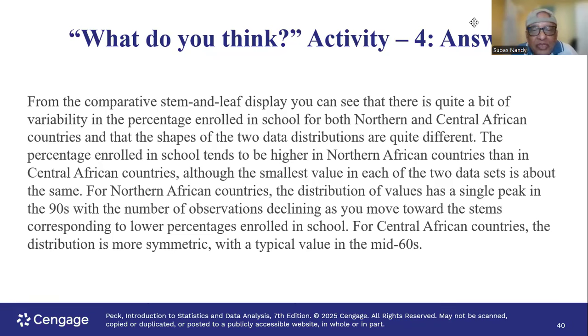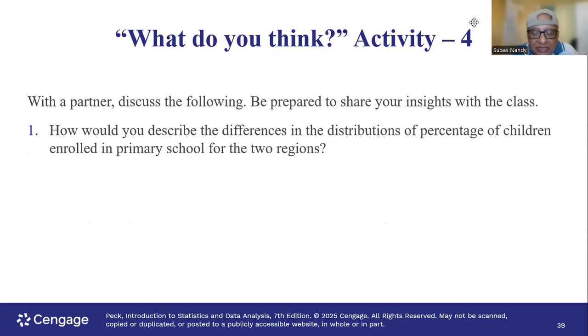For Northern African countries, the distribution of values has a single peak in the 90s, with the number of observations declining as you move towards the stems corresponding to lower percentages enrolled in school. For Central African countries, the distribution is more symmetric with a typical value in the mid 60s.